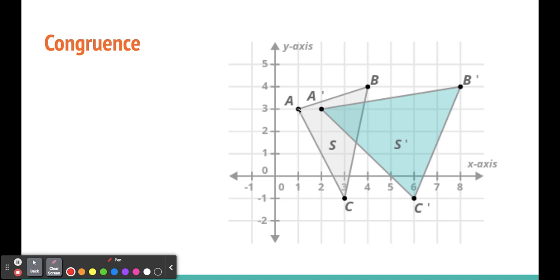It's hard to measure that exact distance, but I could say B is 1 unit up and 3 units over from A. But B prime is 1 unit up and 6 units over from A prime. The distance between A prime and B prime is not the same as the distance between A and B, so those two side lengths cannot be the same. If the side lengths aren't the same, the two figures are not congruent, they are not related by a rigid transformation.